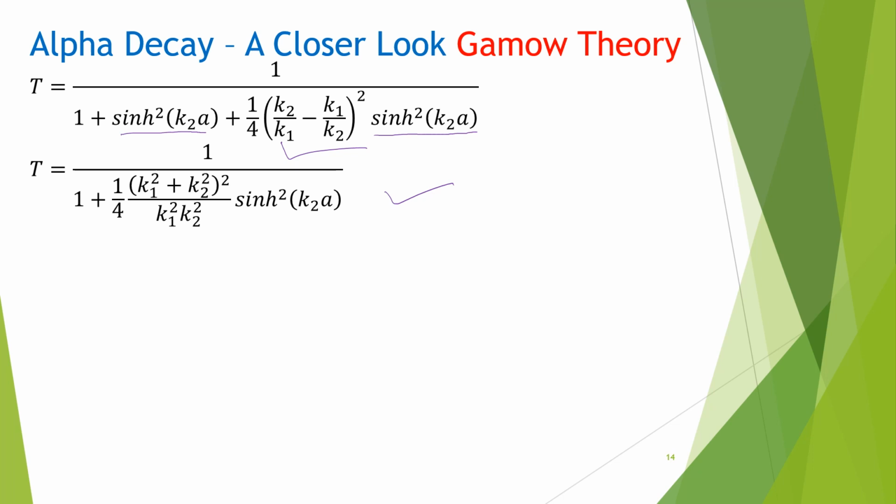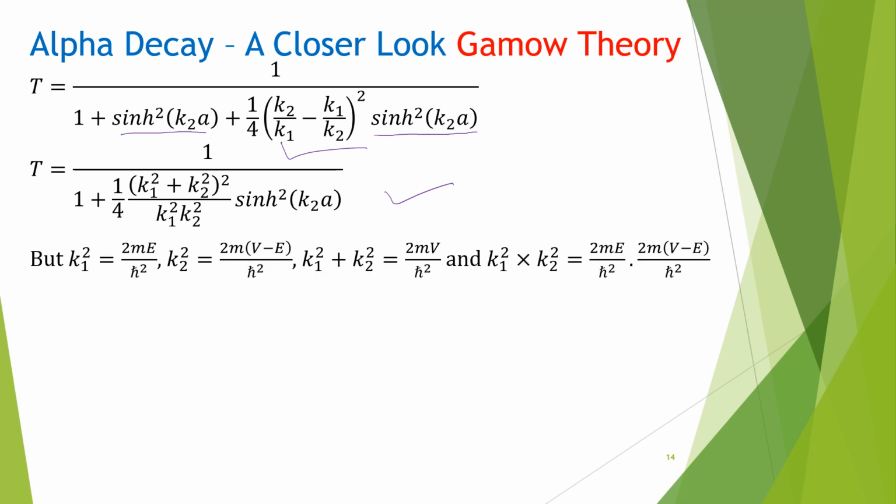Now K2 and K1 we have to substitute. K1 square is twice mE upon h cross square, and K2 square is twice m into bracket V minus E upon h cross square, and K1 square plus K2 square is twice mV, where V is potential, upon h cross square, and K1 square into K2 square will look like this.